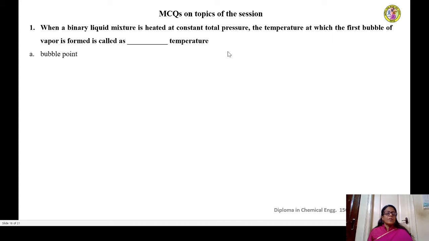The options are: bubble point, dew point, condensing, or option D, none of the above. Think about the question and the options and choose your answer.